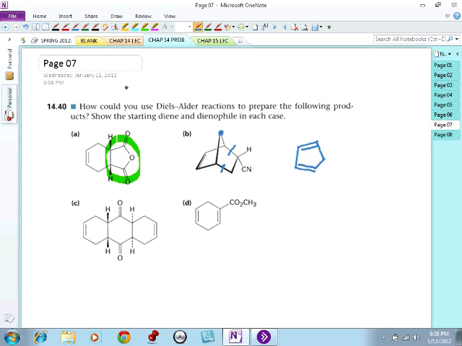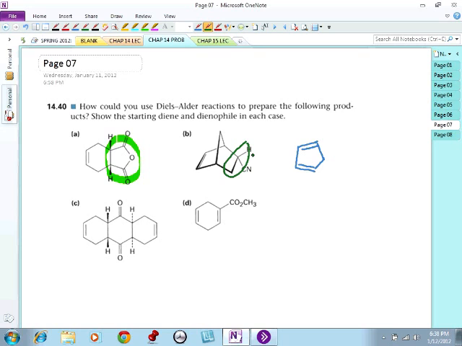So now let me go ahead and number. So we have this here. This will be your diene, okay? But before I do the numbering, your dienophile must be this part of the molecule. You see that? This here must be your dienophile.